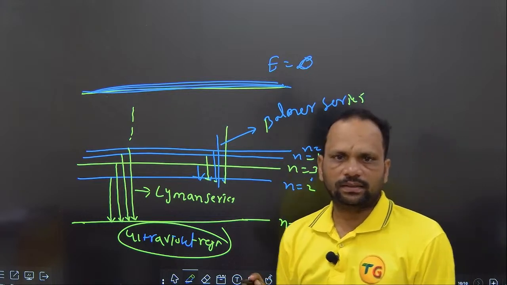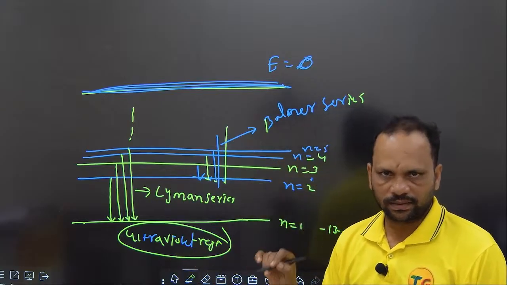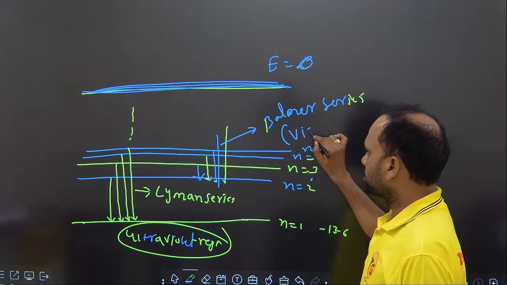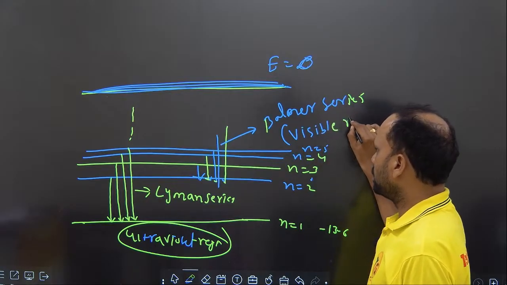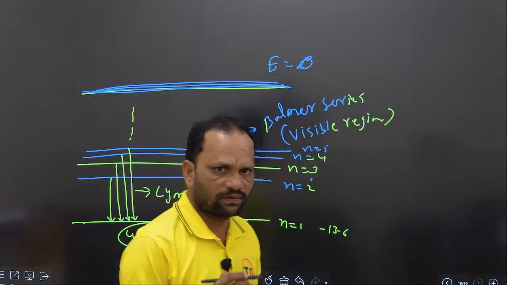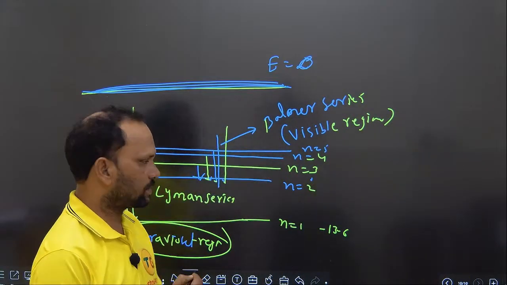Whatever wavelength is emitted in this region is in the visible region. We'll discuss the wavelength of the Balmer series later.